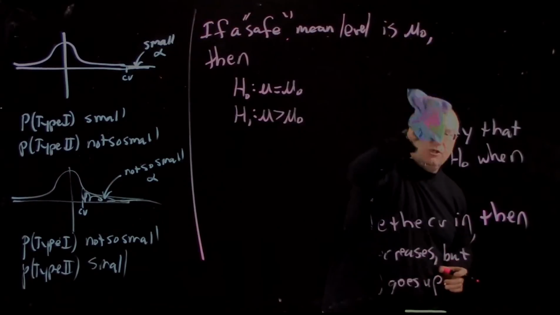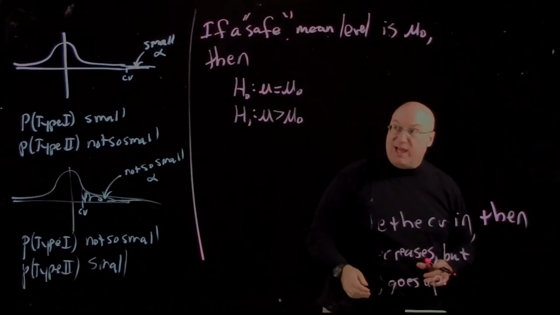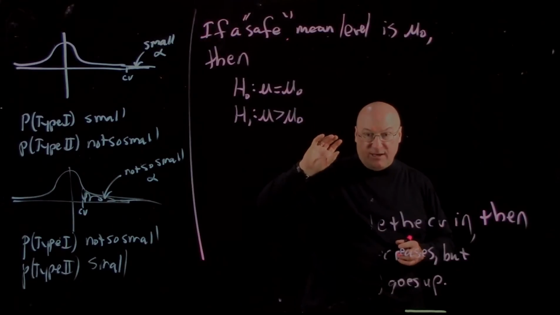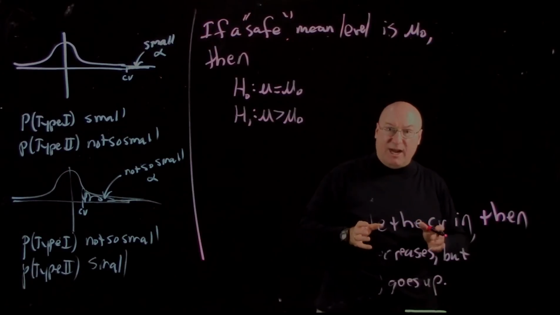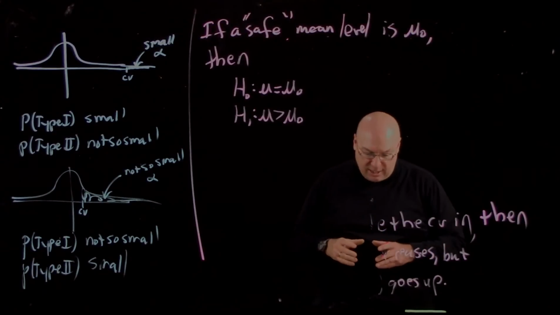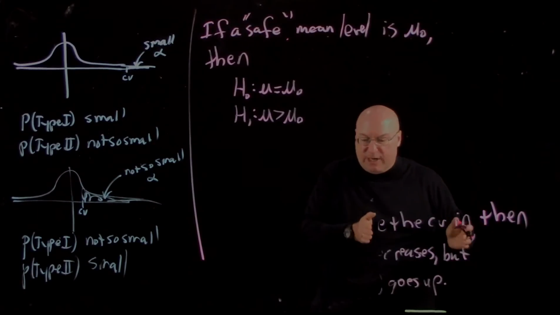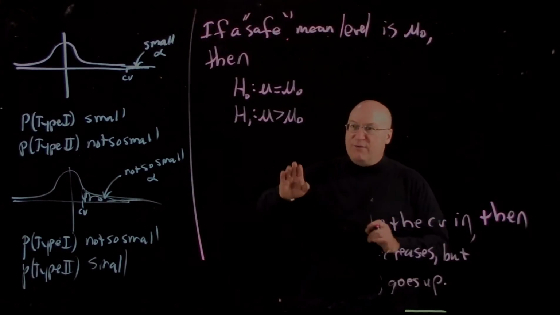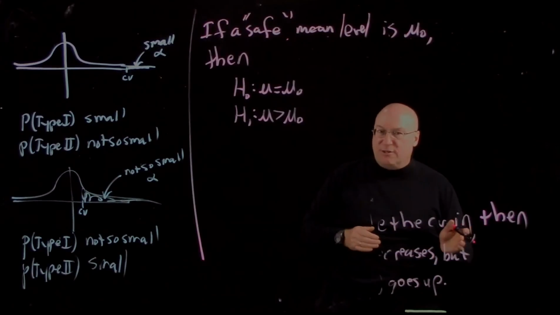If you think about what you want to do here, I want to have a pretty good chance, don't I, that if the null hypothesis is false, I catch it, right? If in fact the mean level is kind of high, I want my test to tell me that. So if I set my significance level to be pretty high, then my tail probability for my critical value is big enough, my critical value is close enough, that my test statistic for the sample mean easily falls into the rejection region.